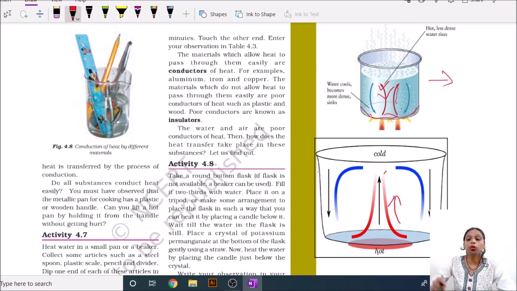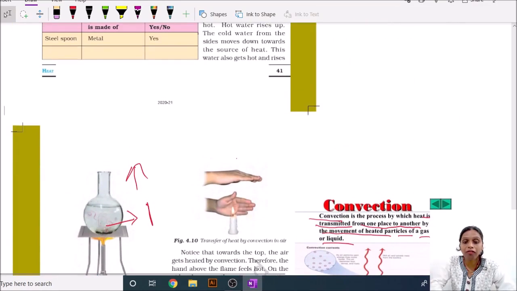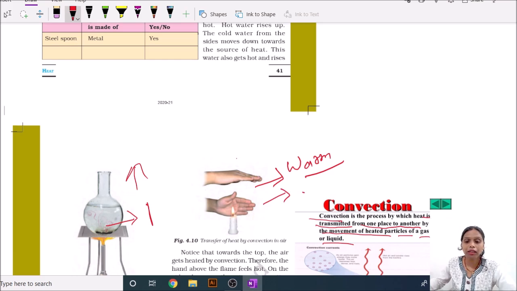Then you can take another example. Whenever you put your hand towards the flame of a candle, above it, you will feel a warm effect. Okay, why? And whenever you put your hand at the side of the candle, you do not feel the warm effect.